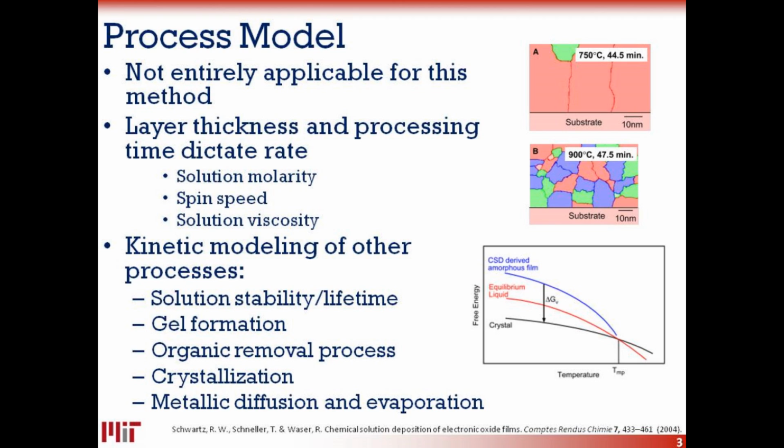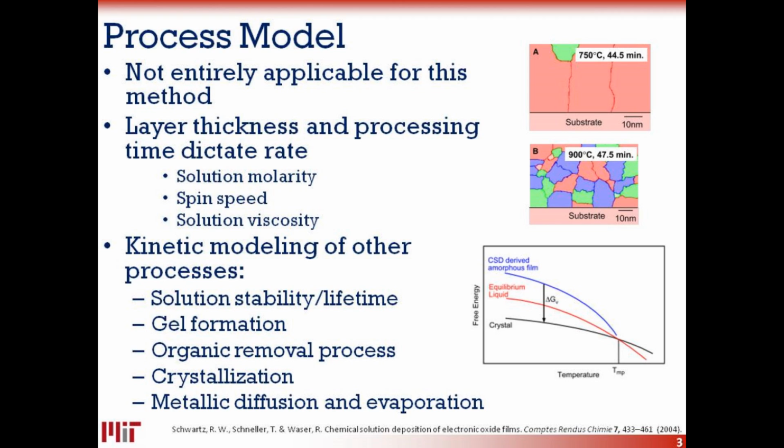At lower temperatures, you're more likely to nucleate at the substrate surface, so you're more likely to get columnar grains, whereas at higher temperatures, it's more likely that you'll nucleate anywhere in the film, so you get a different grain structure.